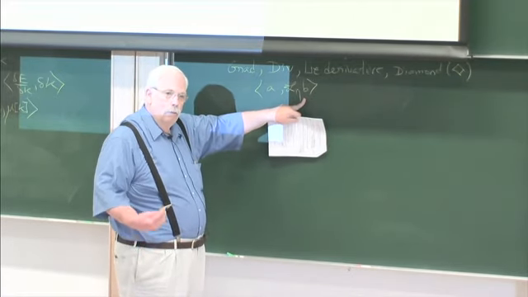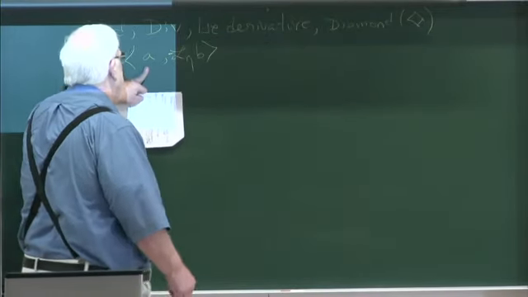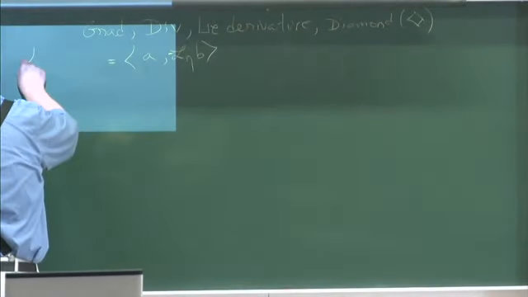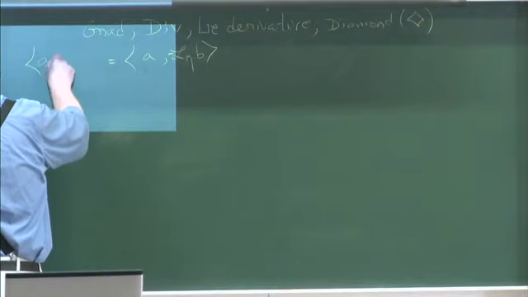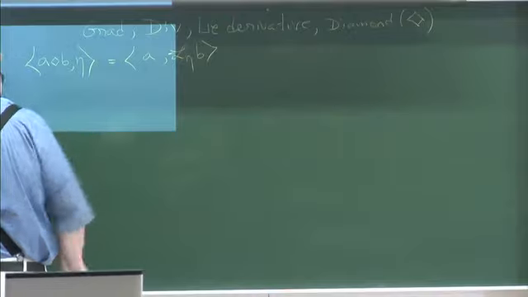And the duality is a dot product and then integrate. So we start with this guy. We define diamond this way. A diamond B paired with eta.